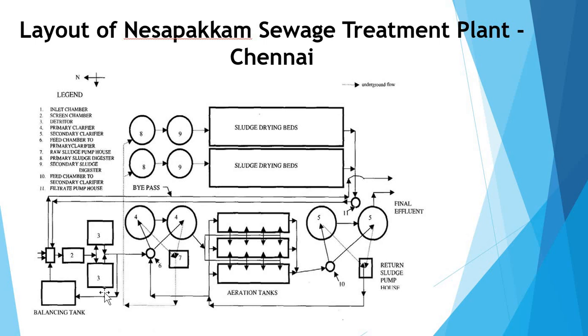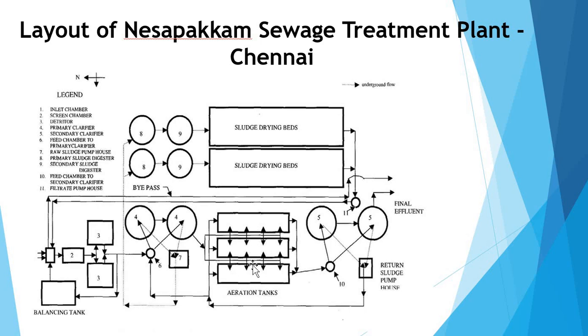After the grit chamber, the water enters the primary clarifier feed chamber. From this feed chamber, the effluent will be fed into the primary clarifiers. From the primary clarifier, the water enters the secondary treatment. Till this point, the primary treatment happens. That means a screen chamber, grit chamber, and then primary clarifiers are provided.